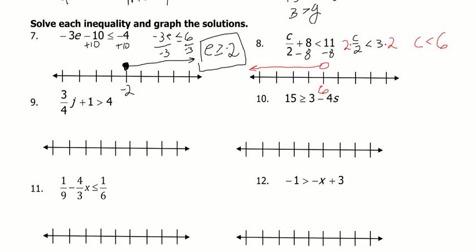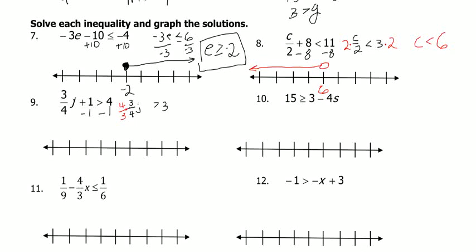Now, we're going to subtract 1 from both sides on this one, on number 9. And then we're going to go 3/4 of j needs to be greater than 3. And now we're going to multiply it by the reciprocal. If y'all remember correctly, that's going to be the flip of the fraction.